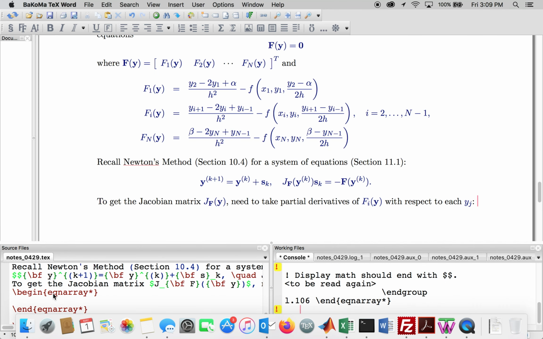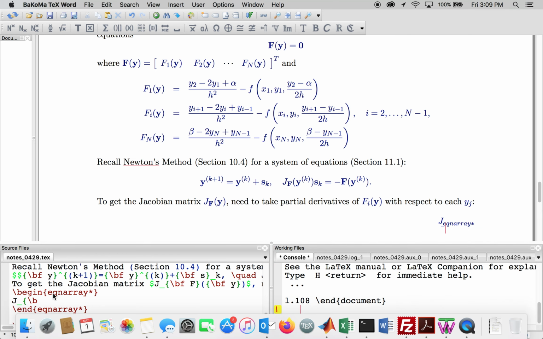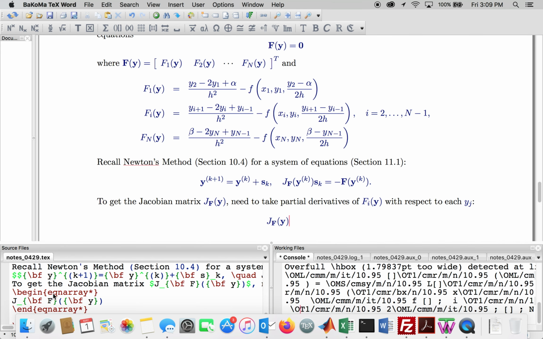Okay. Now, first for the diagonal entries. So the Jacobian of f at y, the ii entry.